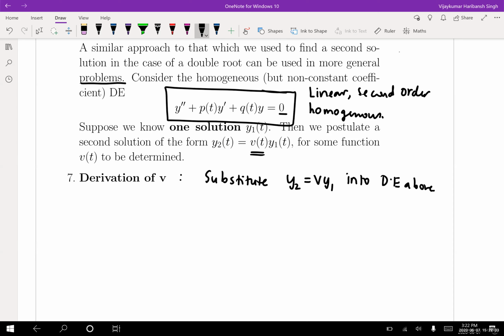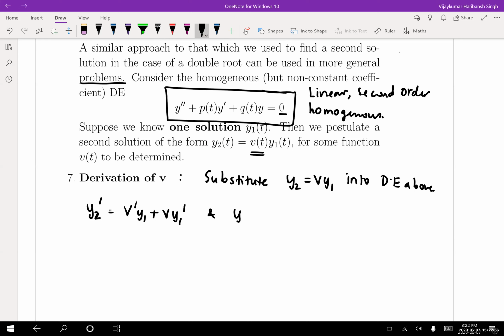We have y2 prime equals the derivative of this, so there's going to be the product rule: v prime y1 plus v y1 prime.